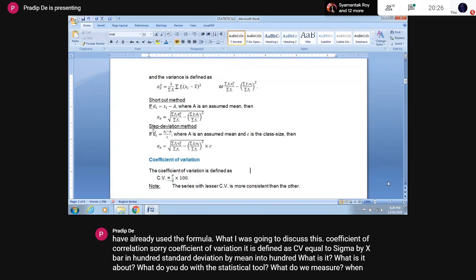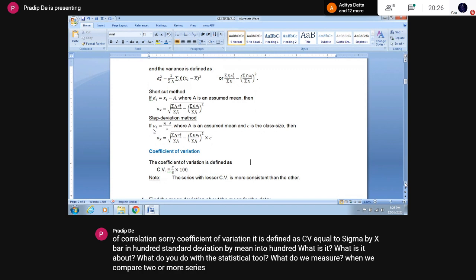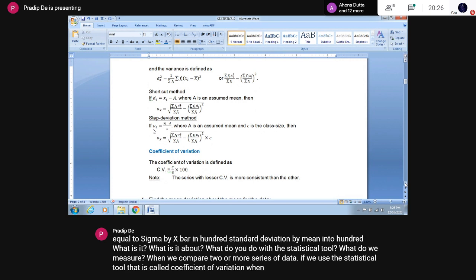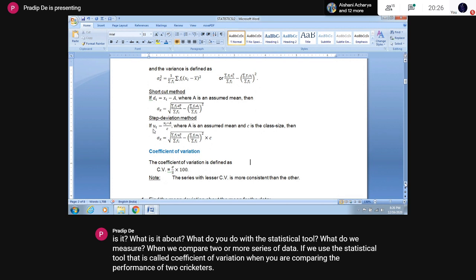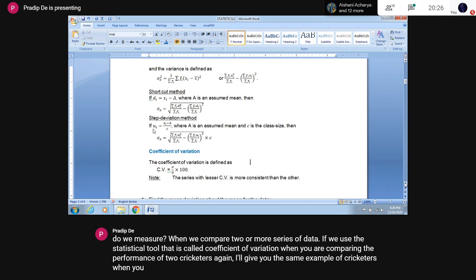When we compare two or more series of data, we use the statistical tool that is called coefficient of variation. When you are comparing the performance of two cricketers, again I'll give you the same example of cricketers. When you're comparing their performances, who will you depend on? Who do you rely on?